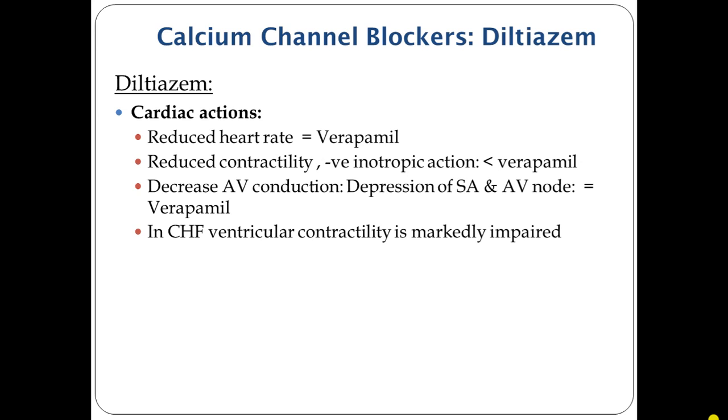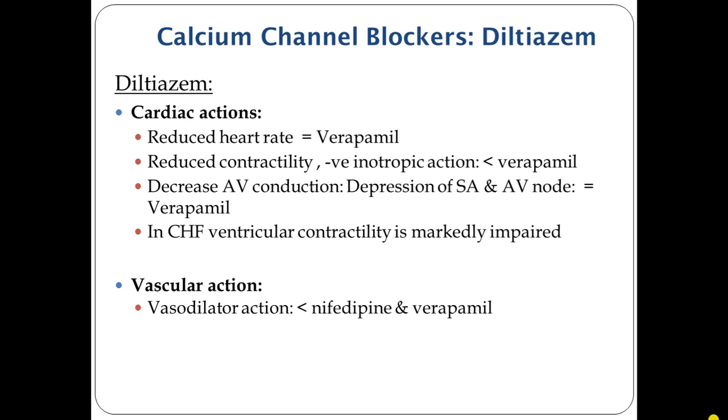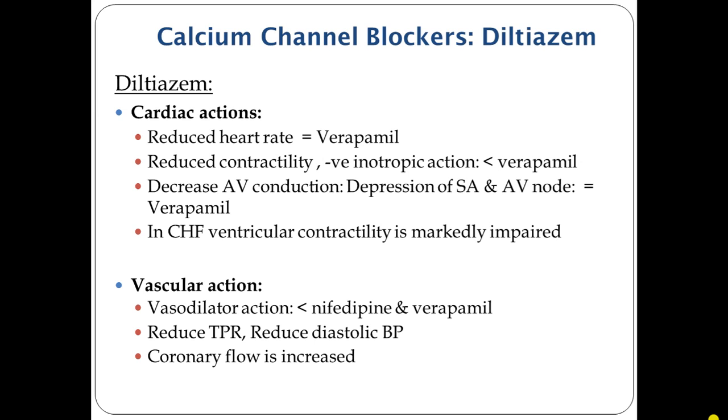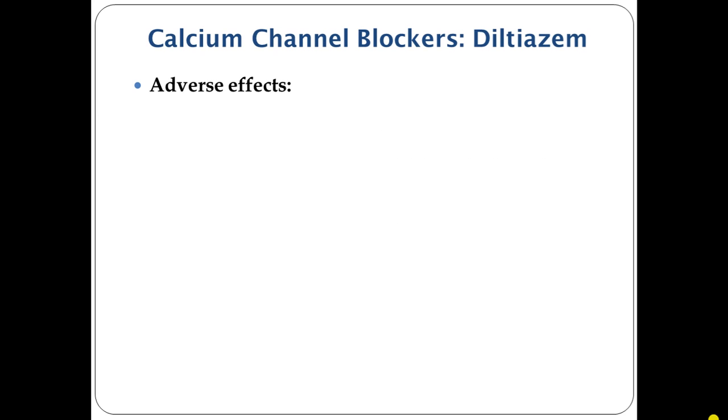In CHF, ventricular contractility is markedly impaired, so this drug should also not be used in patients with heart failure. Vascular actions: vasodilator action is very little as compared to nifedipine and verapamil. It reduces total peripheral resistance, reduces diastolic blood pressure, and coronary flow is increased with diltiazem.